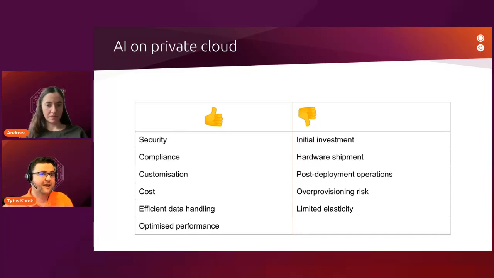As for over-provisioning risk, there's always a risk, but we would always encourage you to start small and grow at your own pace. And when it comes to limited elasticity, this is a similar story to post-deployment operations. Having the right automation framework in your hands allows you to scale out relatively quickly, and treat it as just yet another operation in a cloud that you would typically run.